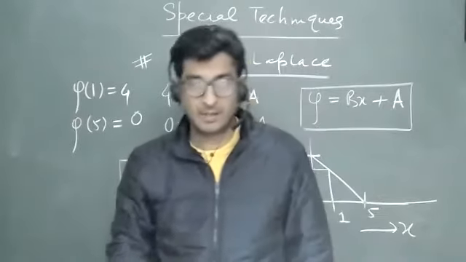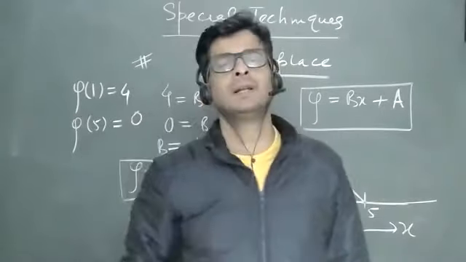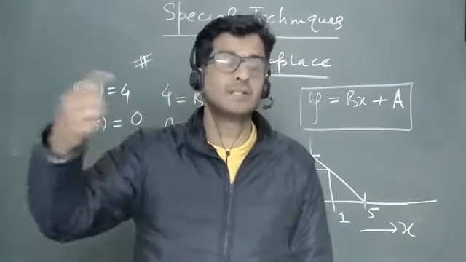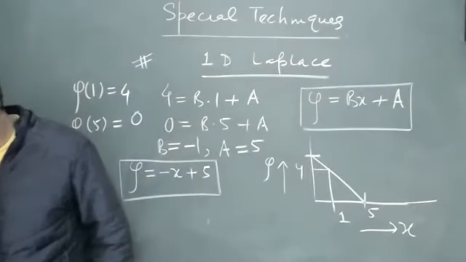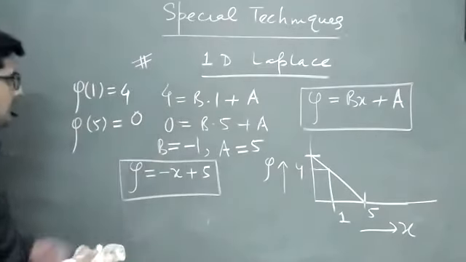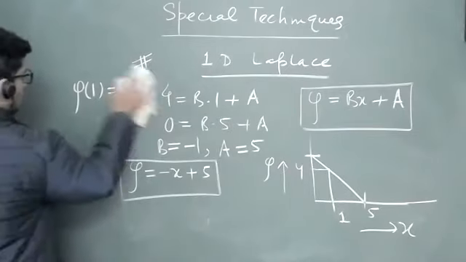Yes, but those properties which we will derive from this simple one-dimensional profile will be used in two-dimensional and three-dimensional. Let us see what I am talking about. First tell me if everything is okay till now. Yes, sir. So in 1D, it was so simple to solve, right?